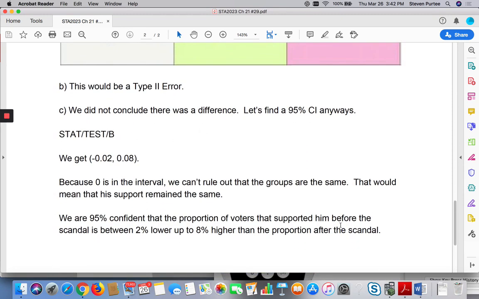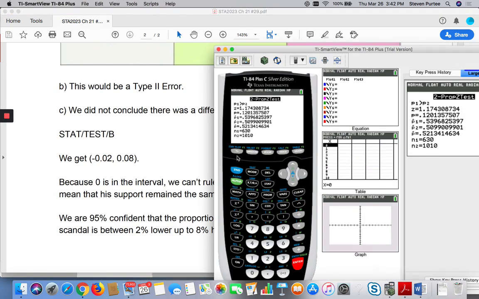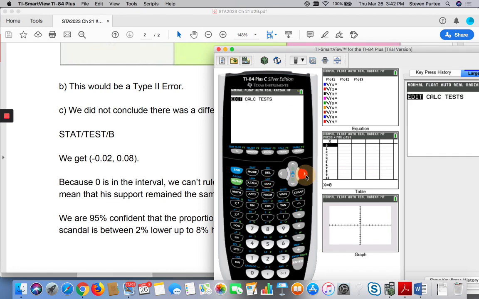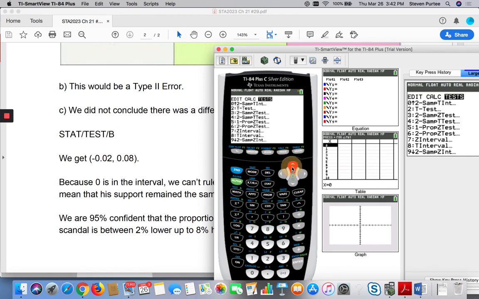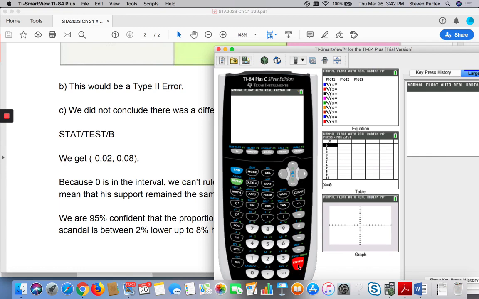So on the calculator, that's stat, test, B. This is a 2-prop interval because we had 2 samples. All the numbers are already in here for us. We hit calculate.